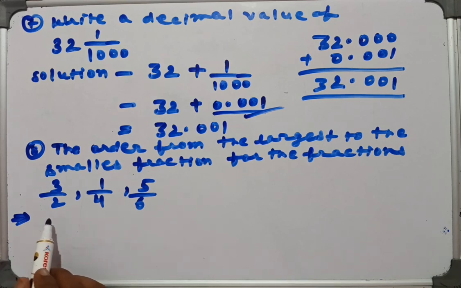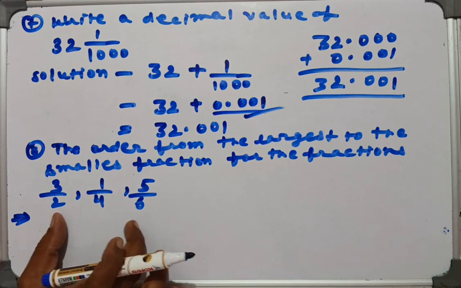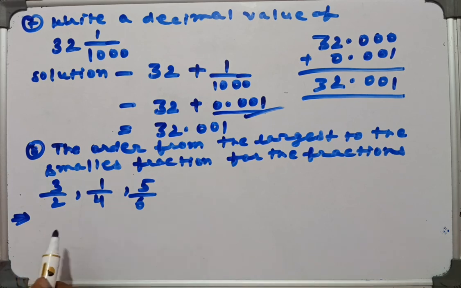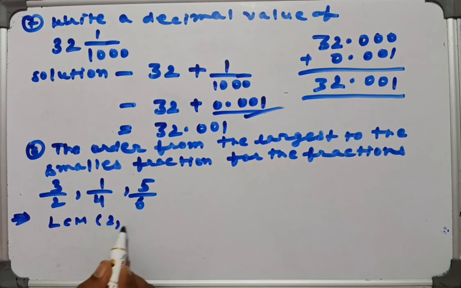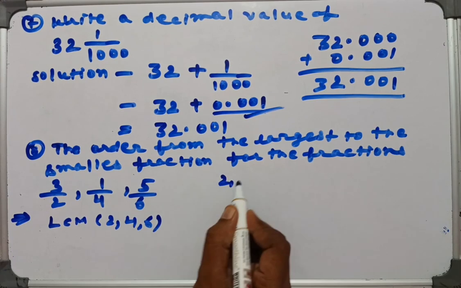So first of all we convert all these three fraction numbers into like fractions. So what we will do, first we will make the LCM of 2, 4 and 6.